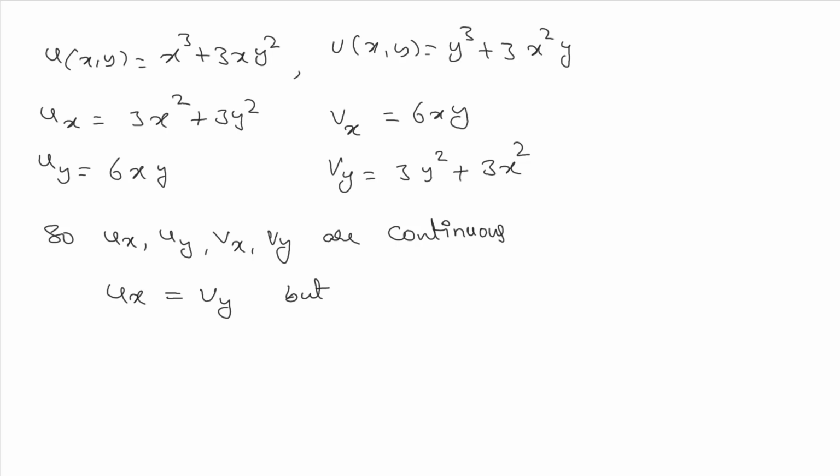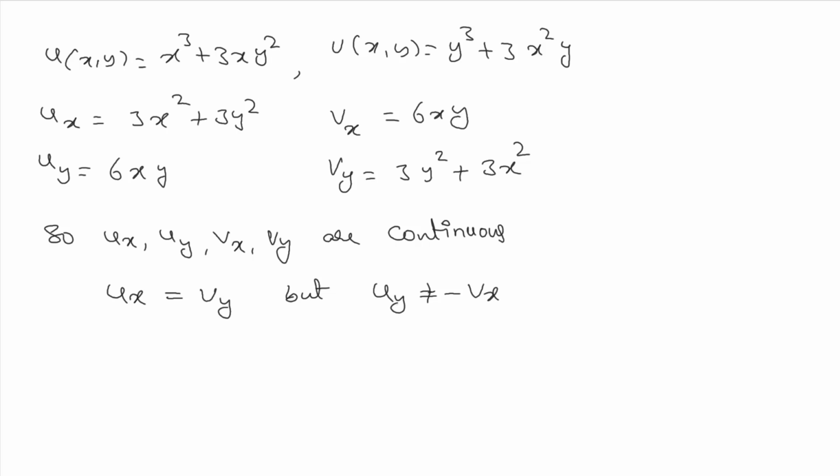But we have uy equal to 6xy, which is not equal to minus 6xy, that is minus vx. So uy is not equal to minus vx in general, since these two are the Cauchy-Riemann equations.